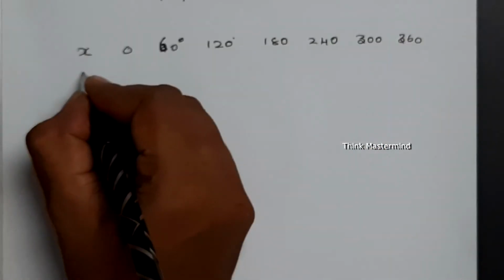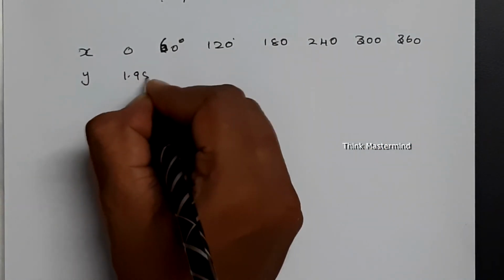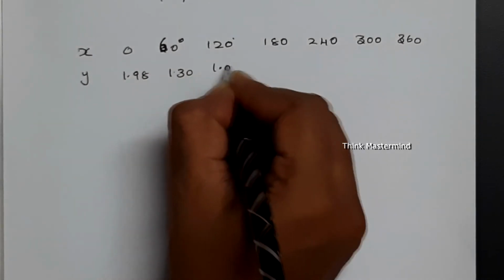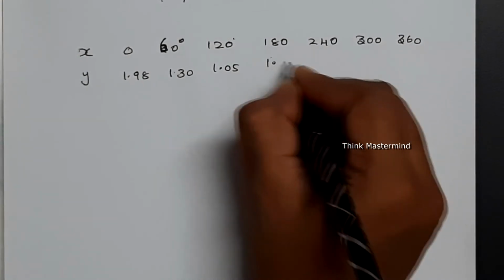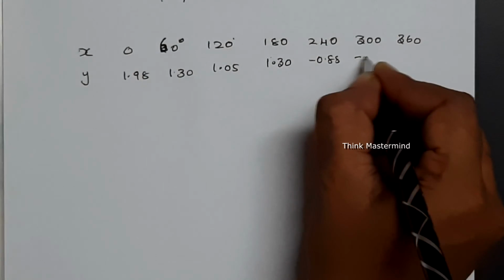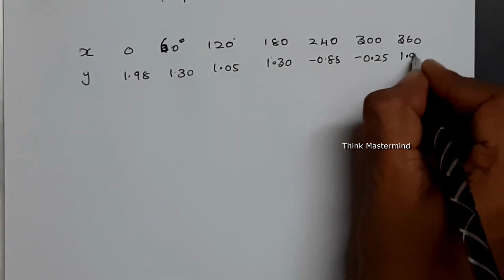So the y value is in same as previous problem, that is 1.98 and 1.30, 1.05 and 1.30 minus 0.88 minus 0.25 and again it is 1.98.